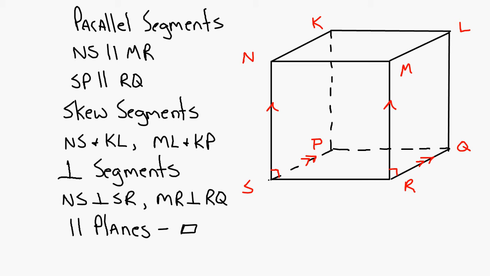Let's talk about the front plane of this box, NMR. Plane NMR is parallel to plane... That's the front of the box, isn't it? NMR. What's it parallel to? KLQ. Very good. Plane KLQ. Front of the box, parallel to the back of the box.